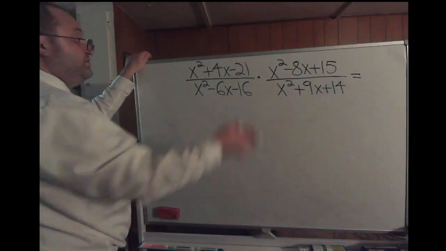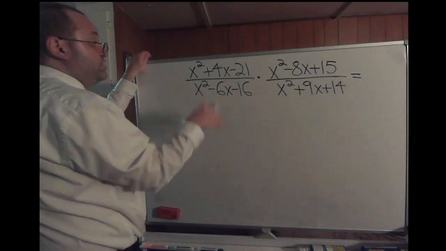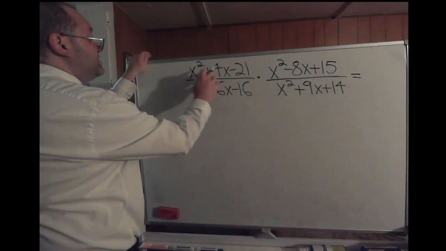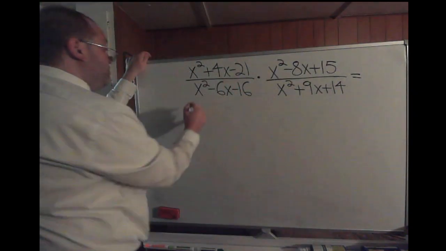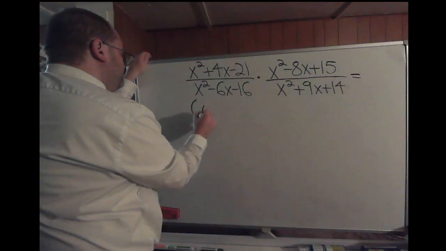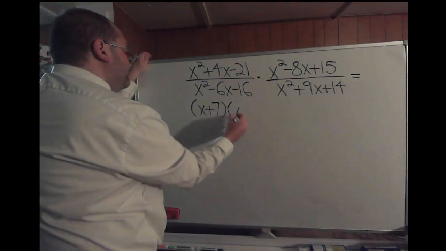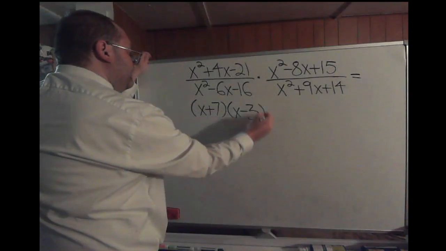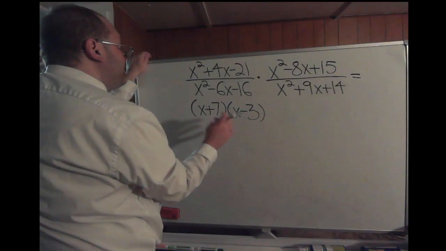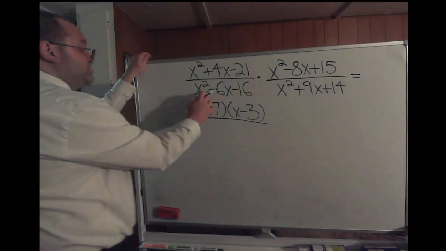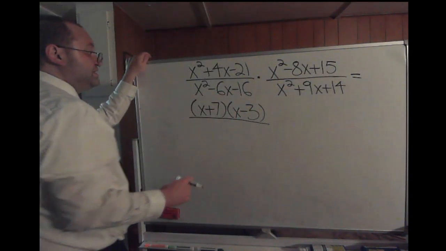First thing I would do, factor each of these expressions in the numerator and denominators. So let's start with x squared plus 4x minus 21. You would get x plus 7 times the quantity of x minus 3, and that would be your factorization of that over x squared minus 6x minus 16.